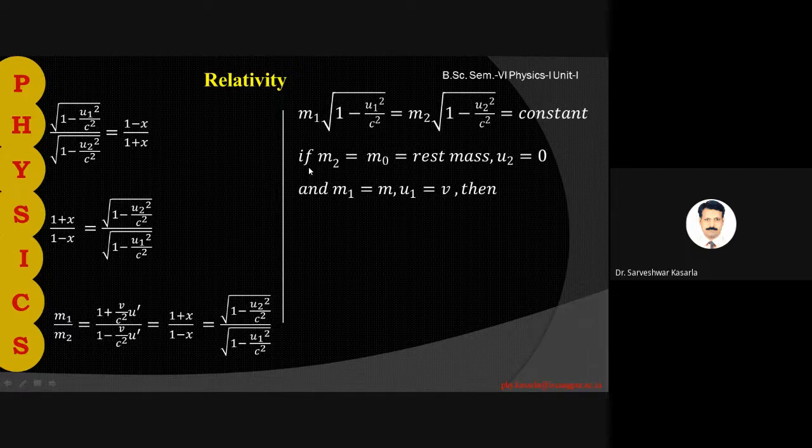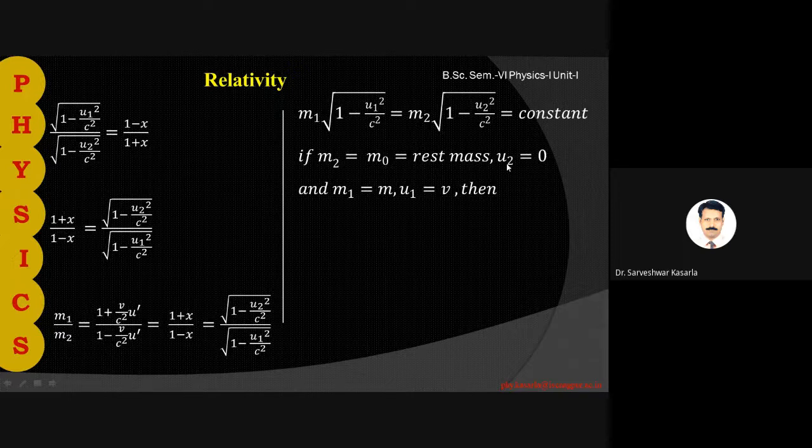Now for the simplicity, or say for the approximation, we can say if m2 is equal to say m0, which is rest. So out of two particles, m2 is at rest. That means its mass is say m0.